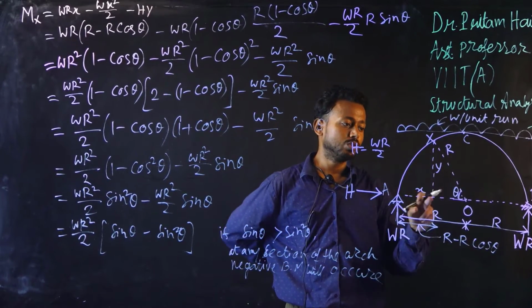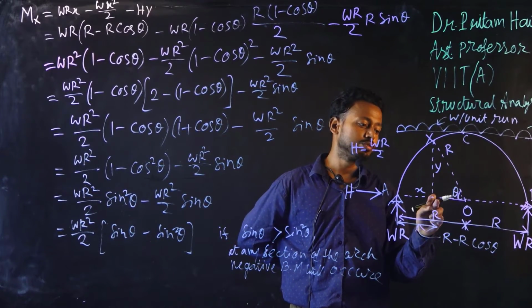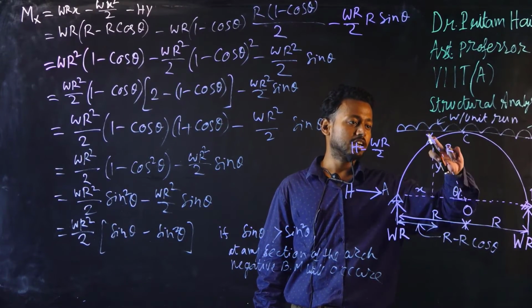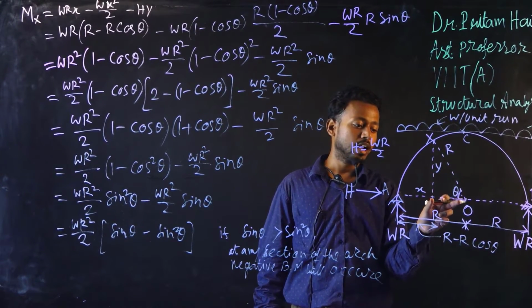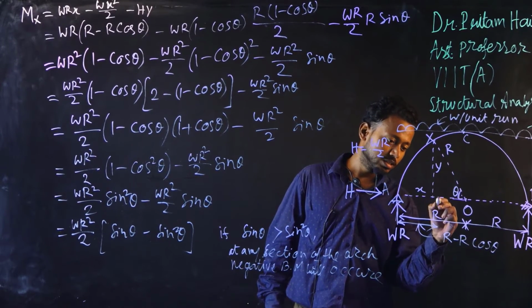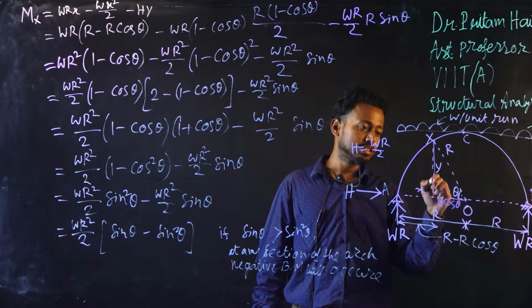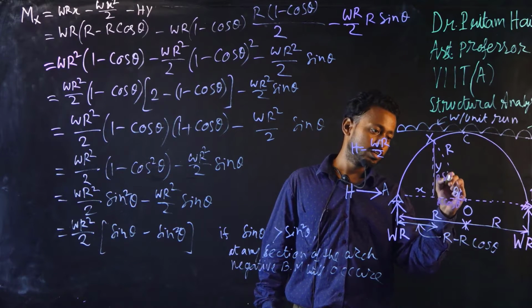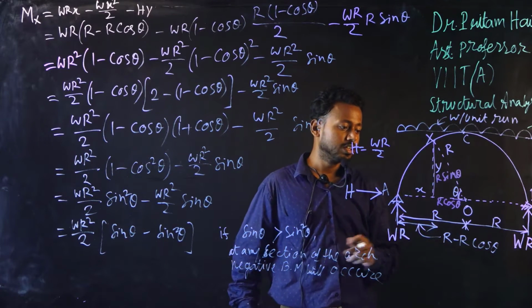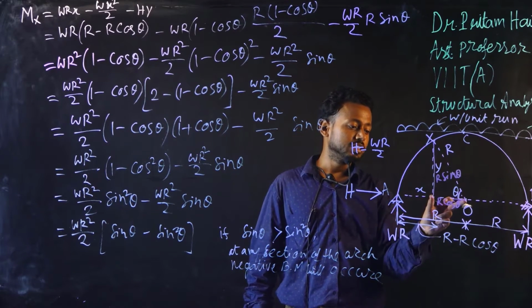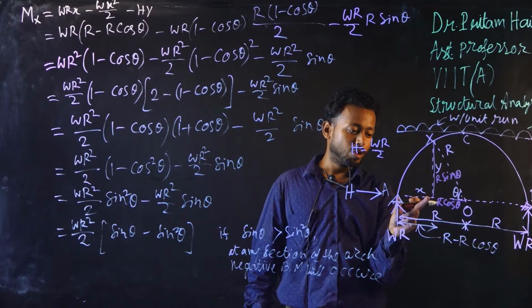So in this triangle OAX, this is R, so the base component will be R cos theta, and this is R sin theta. Now from this point to this point the distance is R, and this distance is R cos theta.